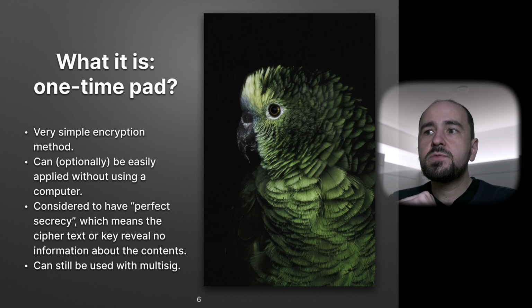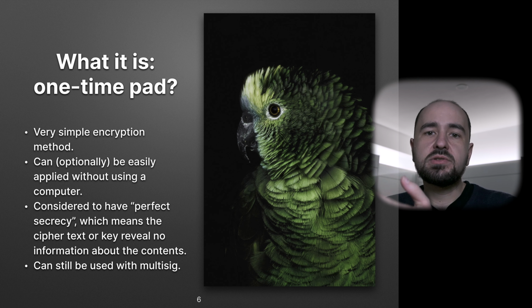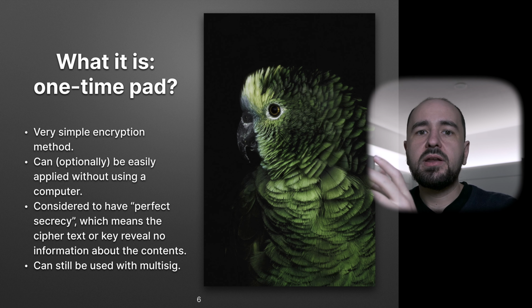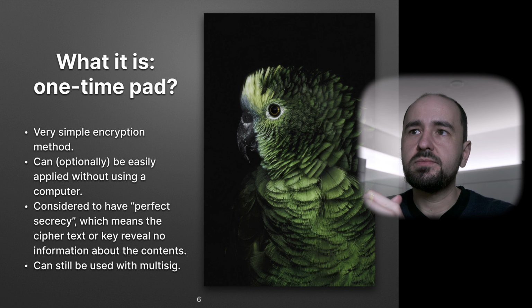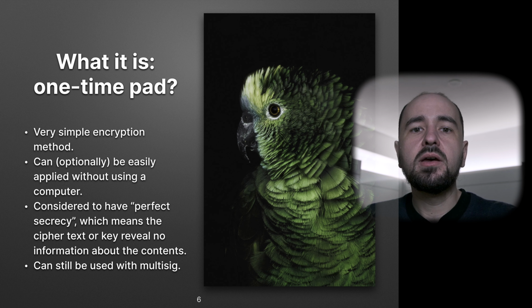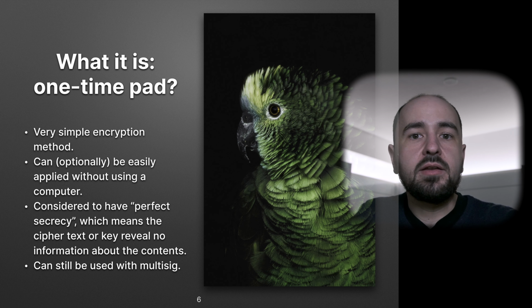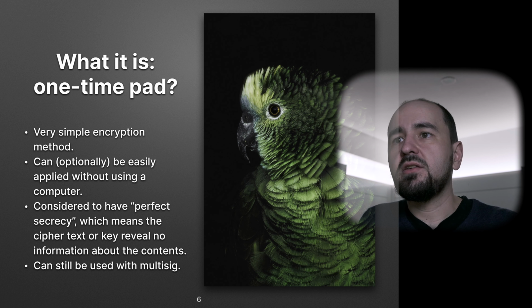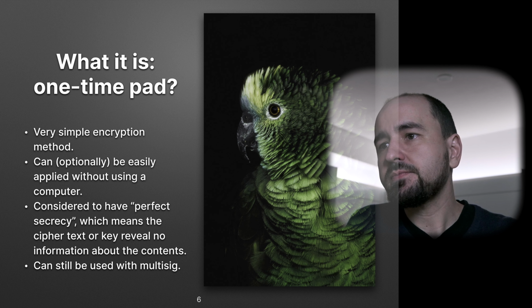In fact, to any observer really, if you have nothing but a set of words or letters that have been encoded with a one-time pad, then it's effectively indistinguishable from random, assuming that your random number generator is decent.